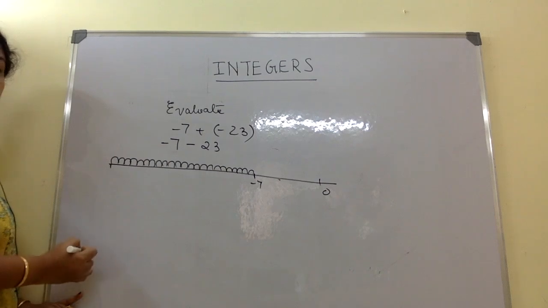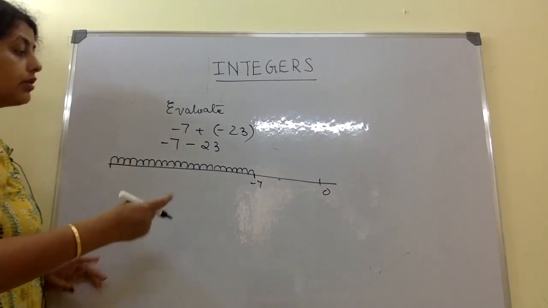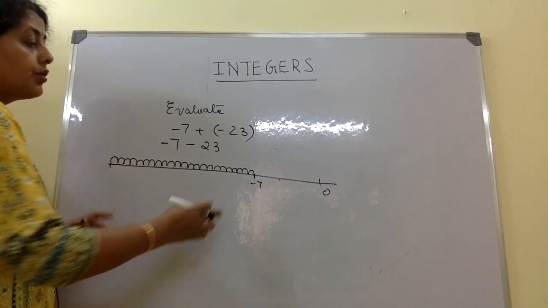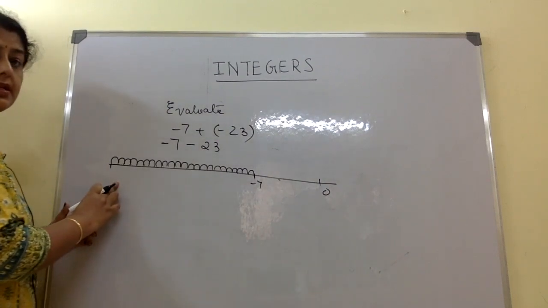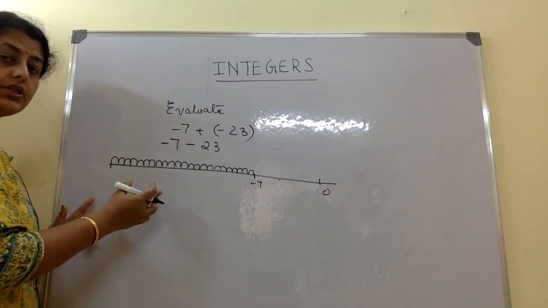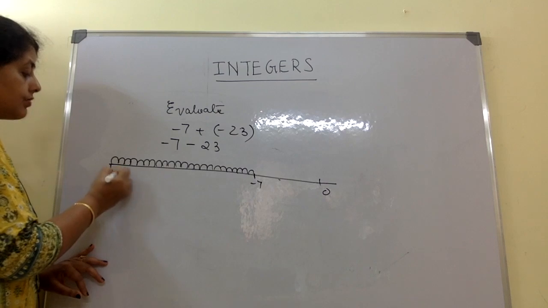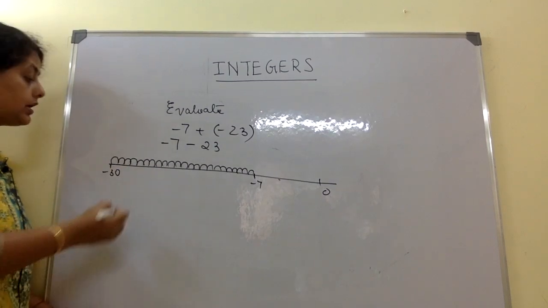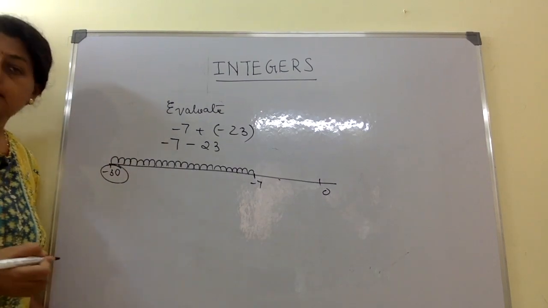So where have I reached? With the minus sign, if I just add 23 to 7, I can find where I reached. So I have actually reached minus 30. So minus 30 is my answer.